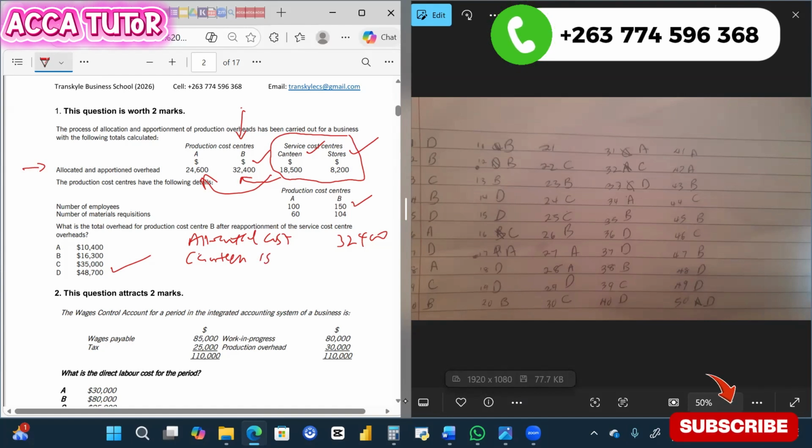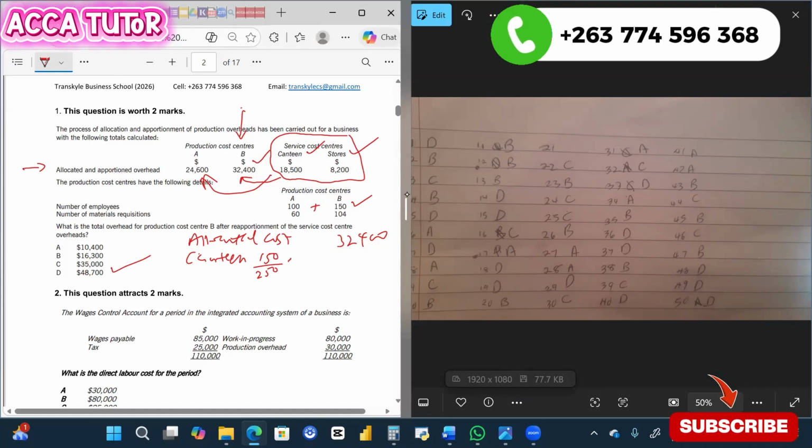So the 150 becomes the numerator. And how many employees in total are at this particular firm? That's 100 from A plus 150 in B, so that comes to 250. Are you following?